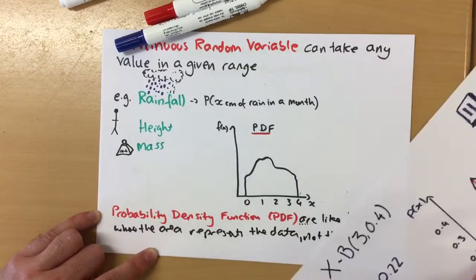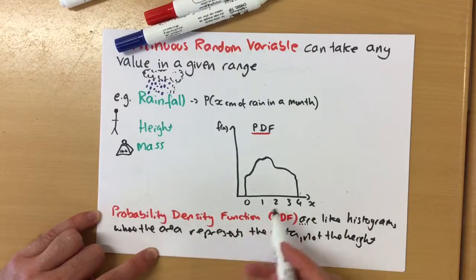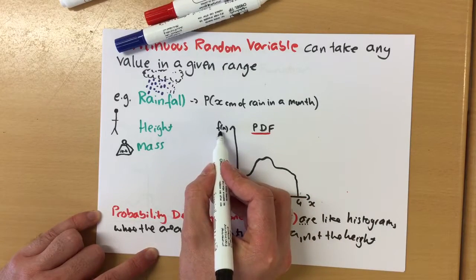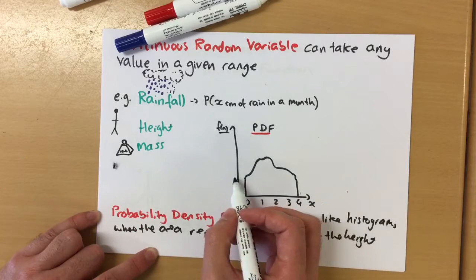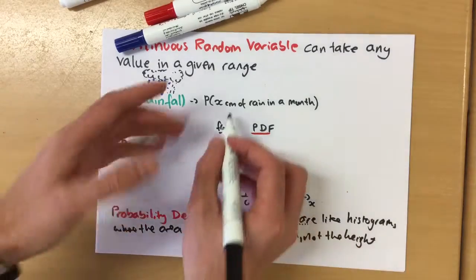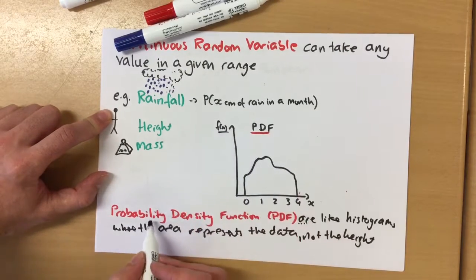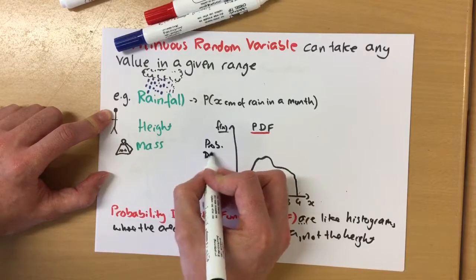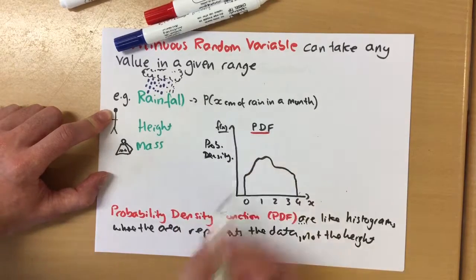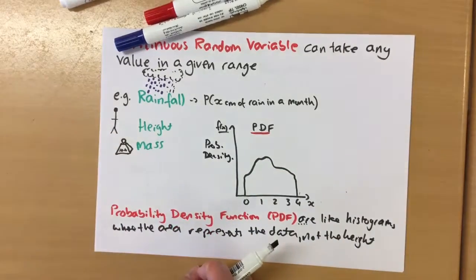Now, for a continuous random variable, using a probability density function, which is this bit here, is a graph. Like in a histogram, where the axis here is your frequency density, here is a probability density, and that's shown by f of x, some function of x.